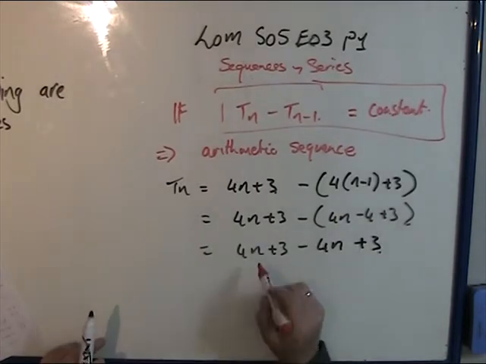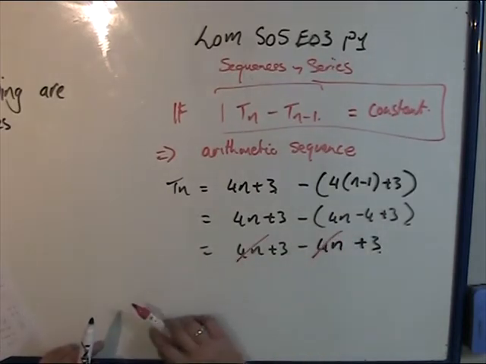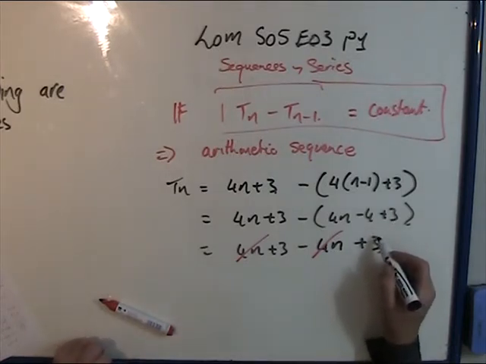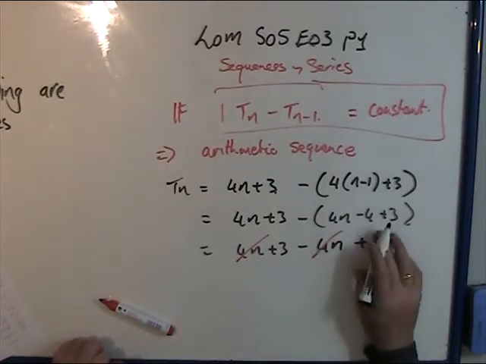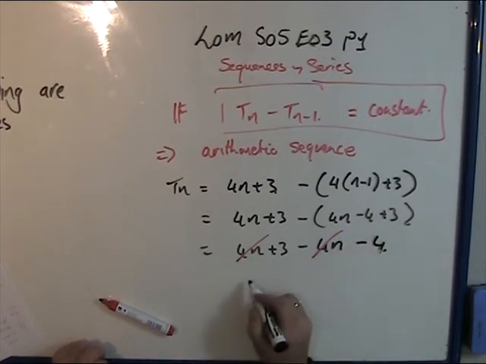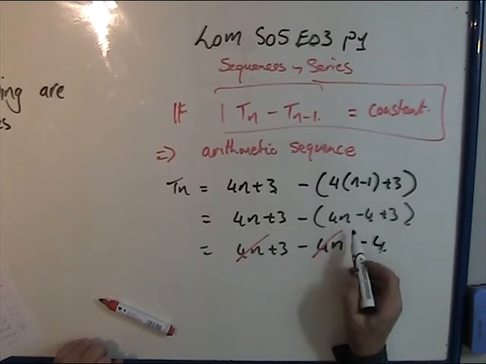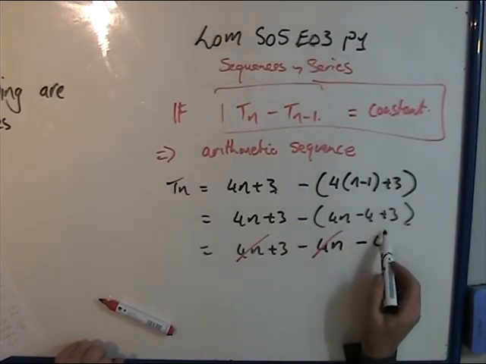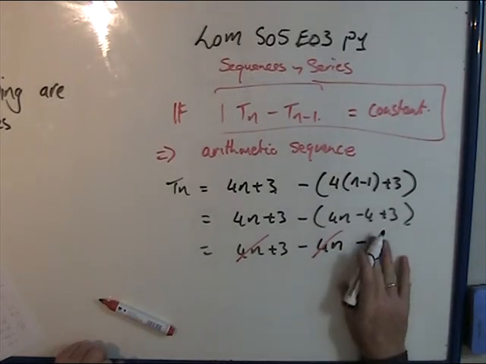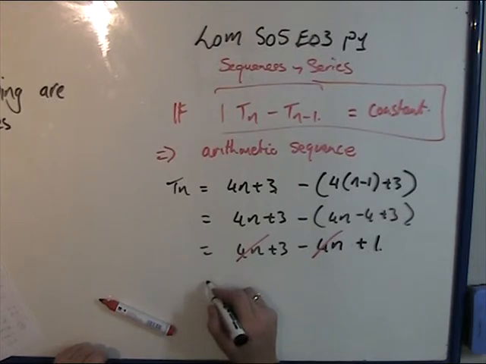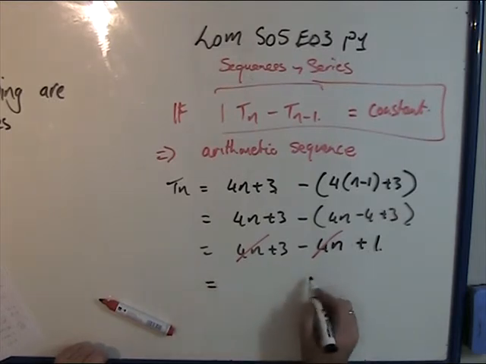And you can see that 4n cancels with 4n, and this is minus 1, sorry. So we've got 4n minus 4, okay? So let's look at this again. We got 4n minus 4, and we're multiplying it by 4, plus 3 minus 1, so it's minus minus, plus 1, okay?